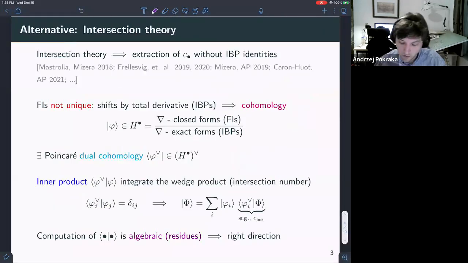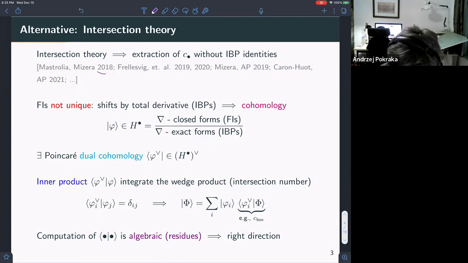And one way of doing this is called intersection theory, which was introduced, I guess, 3 years ago now by Mastrolia and Mizera. And the first step here is really to realize that Feynman integrals are not unique. You can always shift them by a total derivative, which is the same thing as an integration by parts identity.